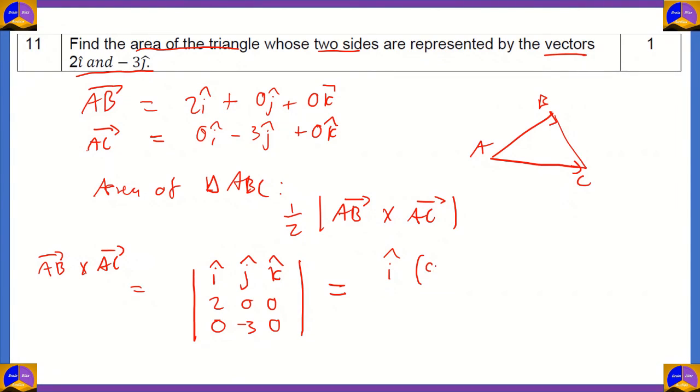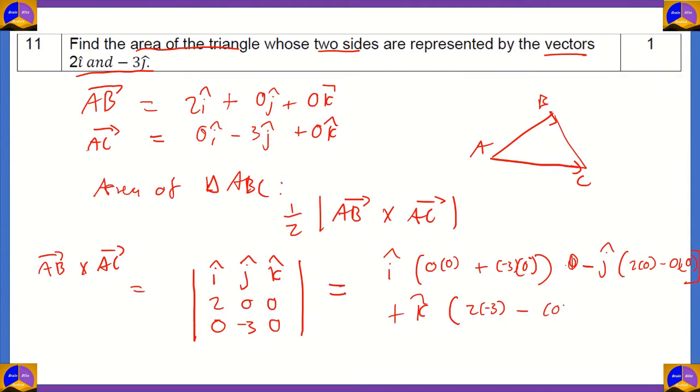It will be 0 times 0 plus minus 3 times 0, minus j cap times 2 comma 0 minus 0 comma 0, then it will be plus k cap times 2 times minus 3 minus 0 comma 0.